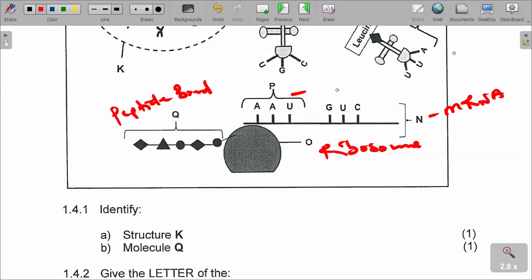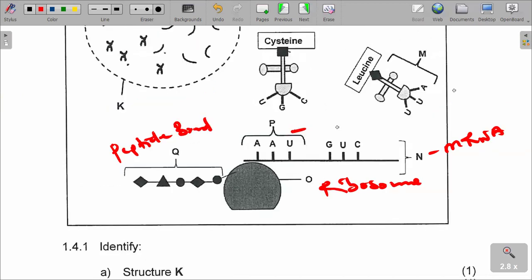Now what can we call these? I want you to understand that these are the three nucleotide bases on mRNA. They are called codons. And then we have these, which we call anticodons, which are also three nucleotide bases, found on tRNA.